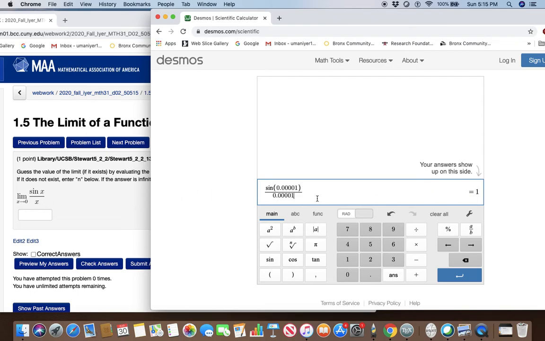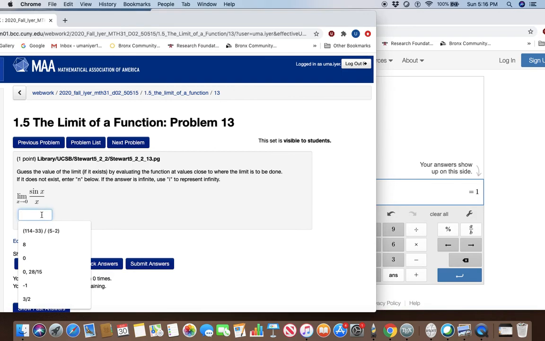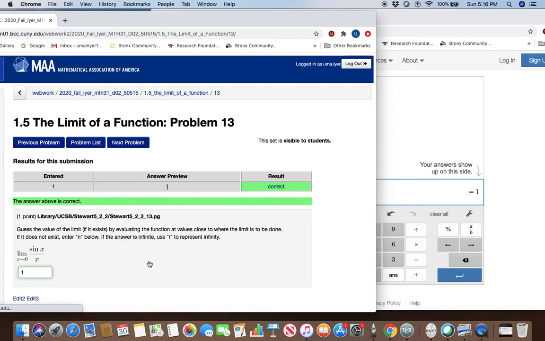That's for the positive value. Let me get close to 0 from the negative side. I put a negative there and a negative here, and I still get 1. So I'm guessing it is 1. It is in fact true that the closer you get to 0, the limit of sin x over x will be 1. We will need to learn this. We will do so in class.